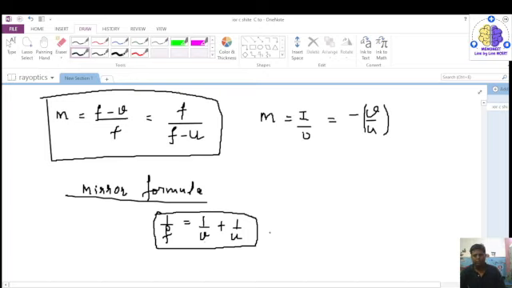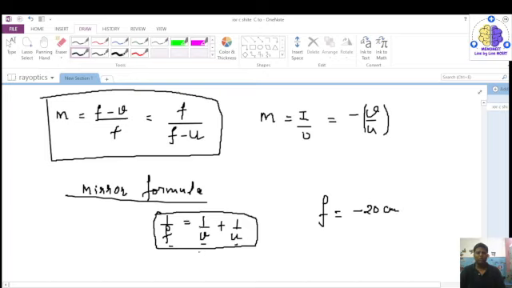Whenever you are solving a numerical, always put the values of f, v and u with the sign convention. Suppose in the question they say that an image is formed, and the mirror used is a concave mirror of focal length 20 centimeter. Because it is a concave mirror, you will always write f is equal to minus 20 centimeter.